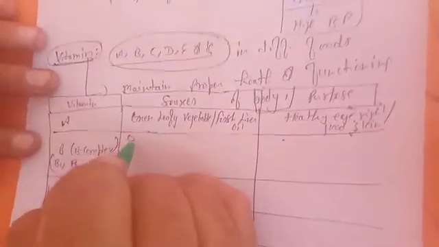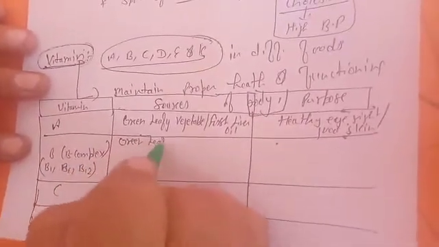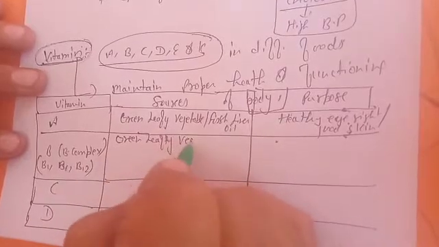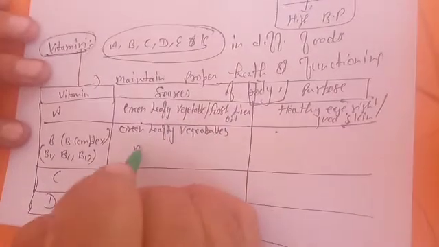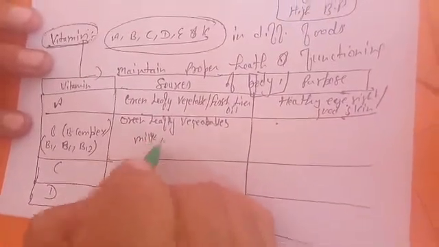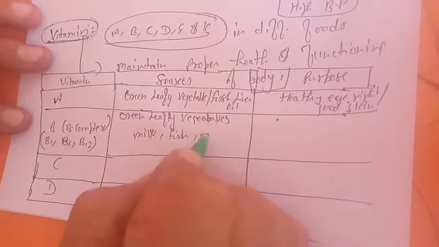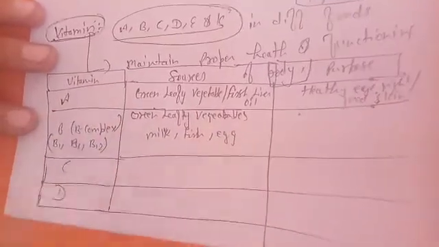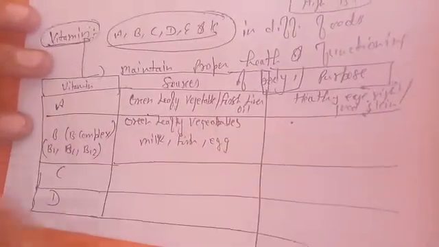Okay, B complex. You can also get B complex from green leafy vegetables, milk, fish, egg. At least you must know 2 sources of each vitamin. What does B complex do?